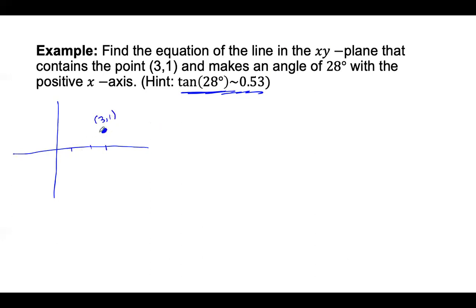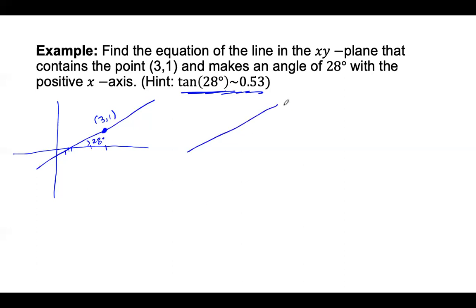And it makes an angle of, let's say, 28 degrees. So let's just draw a line through it. It might not be through 1, so this part isn't accurate. So this angle is therefore 28 degrees. We don't really know where it crosses the x-axis. Let me draw it again.